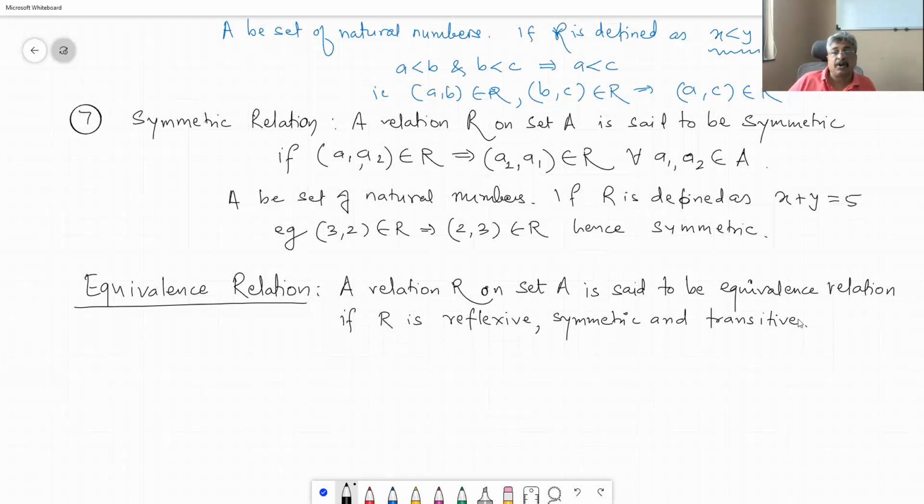If all three of them are there together, then it is called an equivalence relation.